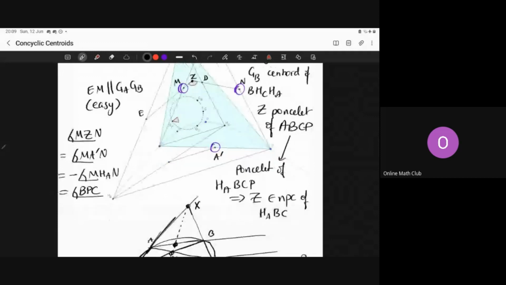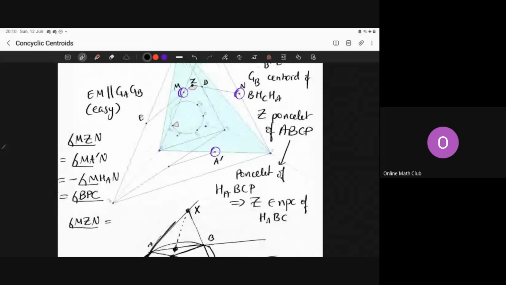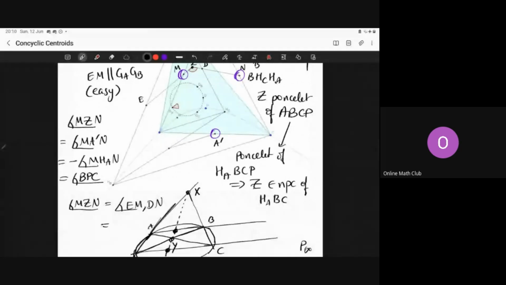So we have this nice result, and the thing is angle MZN equals the angle between EM and DN, which equals the angle between GBGA and the angle between GCGA. I'll erase this figure also.